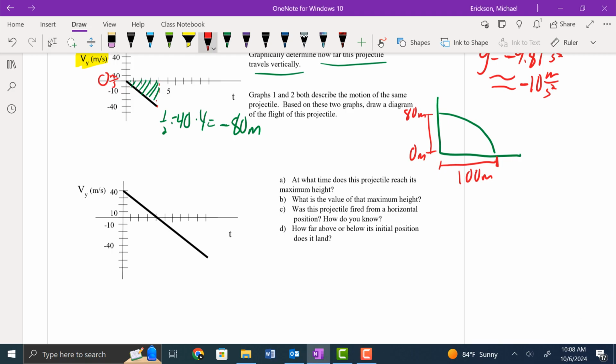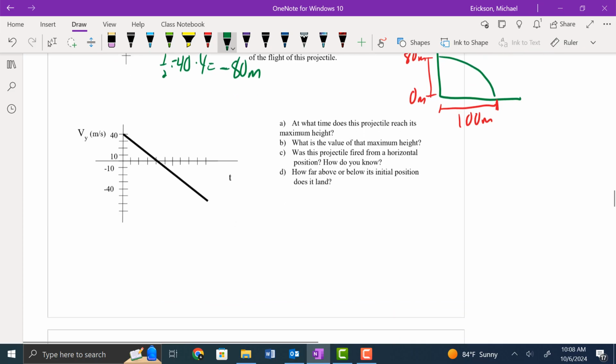So hopefully you paused the video and practiced it on your own. Let's talk about this. So we have this object here, and they ask us at what time does the projectile reach its maximum height? With these problems, a y versus t graph, yes, it's hard to actually get a lot of different information about it, but I always find that if you draw what happens, it helps so much with these problems.